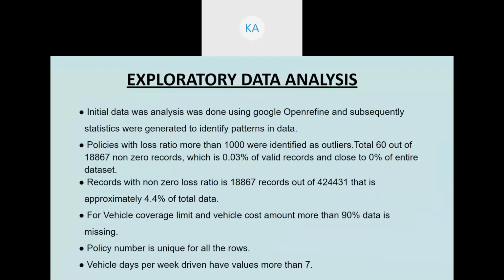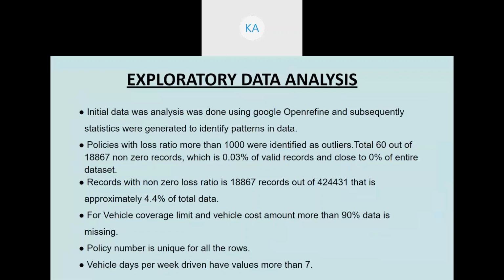Since we proposed using linear regression, we had to be cautious of outliers from the beginning. Policies with loss ratio more than 1,000 were identified as outliers. In addition, there were 60 out of approximately 20,000 non-zero records. This was equivalent to 0.03% of valid records and almost 0% of the entire dataset.